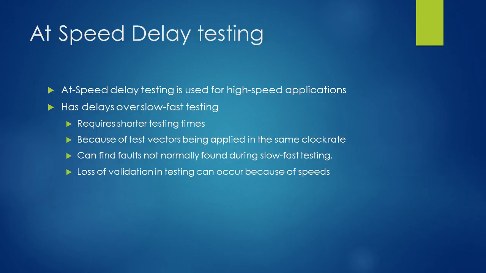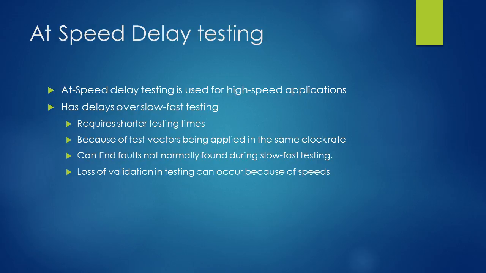And the last topic, at-speed delay testing. At-speed delay testing is used for very high-speed applications when it comes to delay testing of models. It has advantages over slow-to-fast testing, but it does require shorter testing times because the test vectors are being applied at the same clock rate.